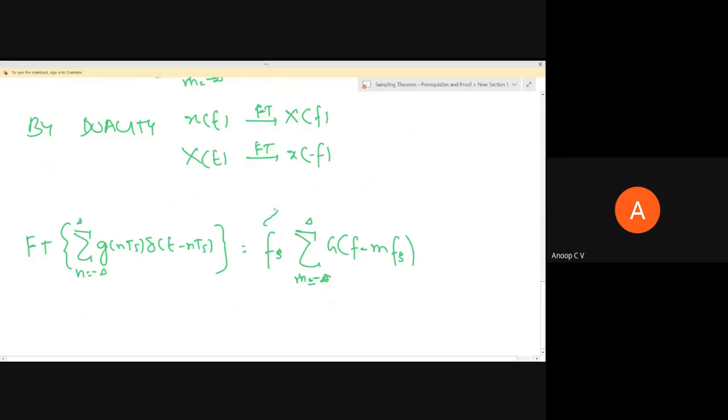This is nothing but 1 by ts. So this is the Fourier transform.